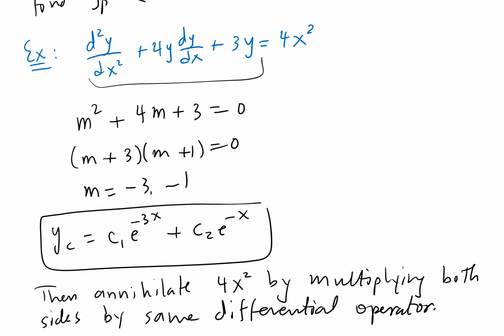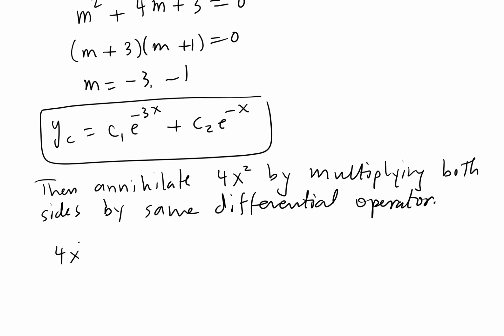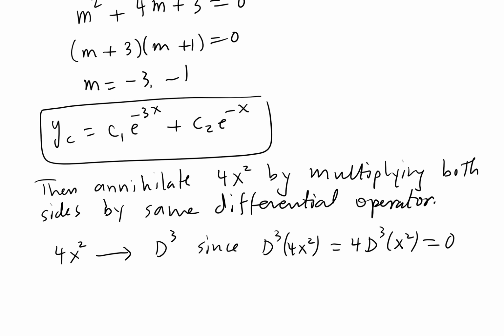For 4x squared, the annihilator is d cubed, since d cubed of 4x squared is 0 by the previous section.